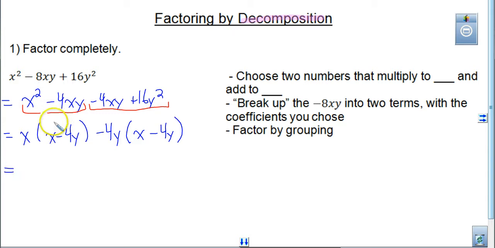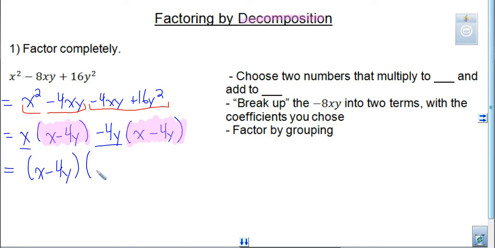So now our final step. x minus 4y is multiplying both this term and this term right here. So x minus 4y is in fact a common factor. If I highlight both of those, maybe it'll make a little more sense to you. Because everything is being multiplied by x minus 4y, that is a common factor.